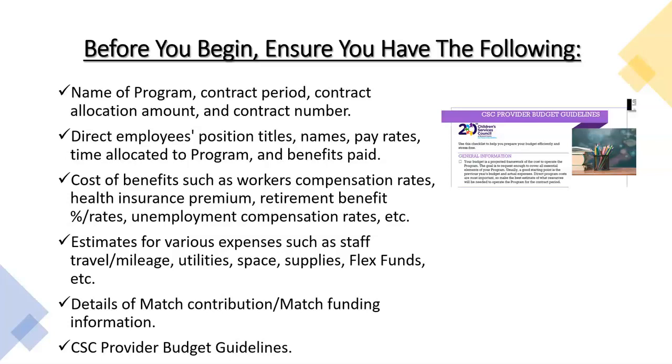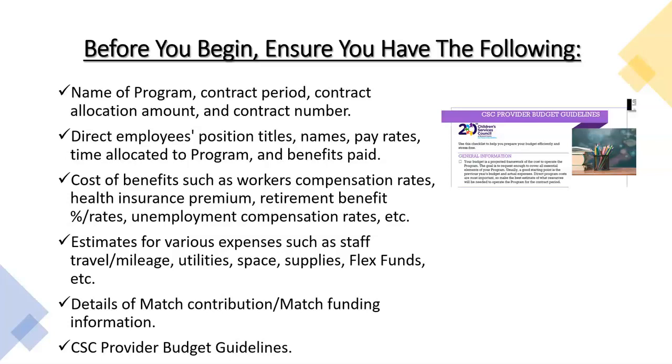Thirdly, the cost of the benefits, included in the workers' compensation rates, health insurance premium, retirement benefit rates, and unemployment compensation rates. Next, ensure you have the various expenses that will be utilized in your program, such as the staff travel or mileage, utilities, space, supplies, flex funds, or value added if applicable.